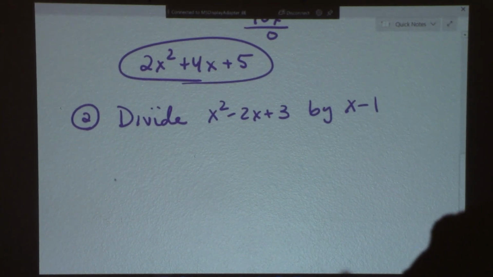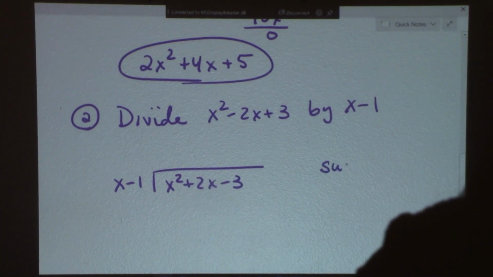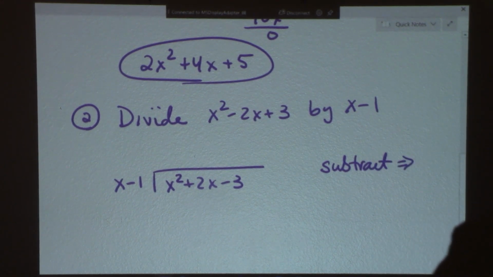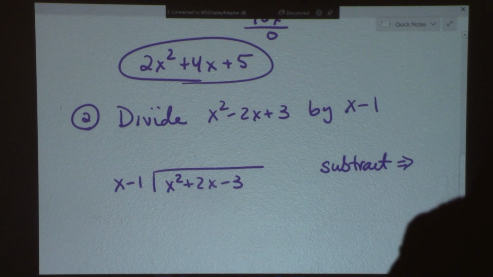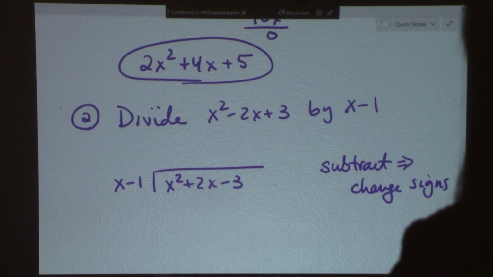Okay, so I'm going to put x minus 1 outside, and then I'm going to put x squared plus 2x minus 3. Now, when I subtract in division, there's another thing that I can do that's equivalent to that. That is change the signs. Cross the line, change the signs. So that's going to become important in this next problem.